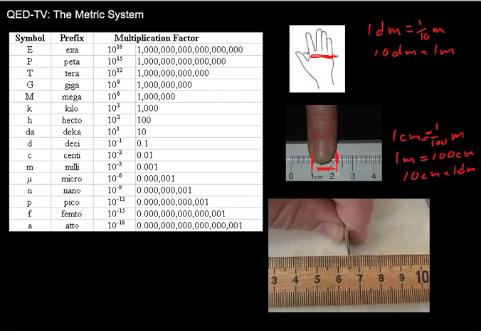And then that brings us down to a millimeter. If I take this centimeter and divide it up into 10 little bitty pieces, I get about the width of a dime, which is 1 millimeter. So there are 10 millimeters in 1 centimeter.